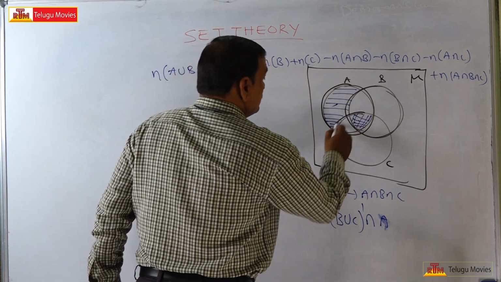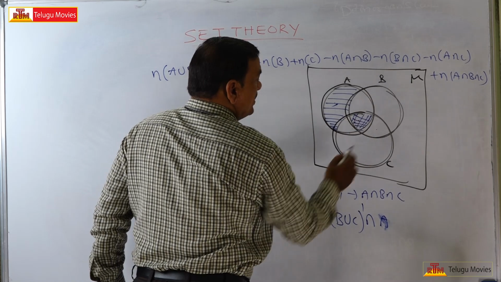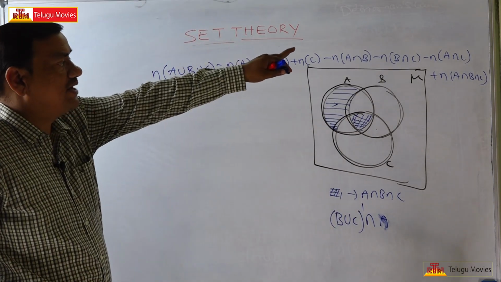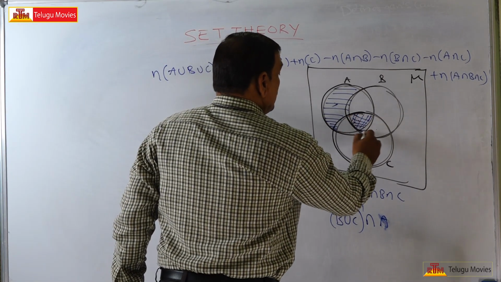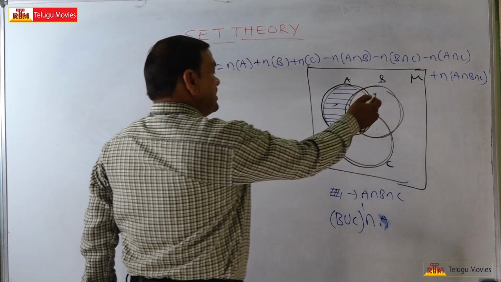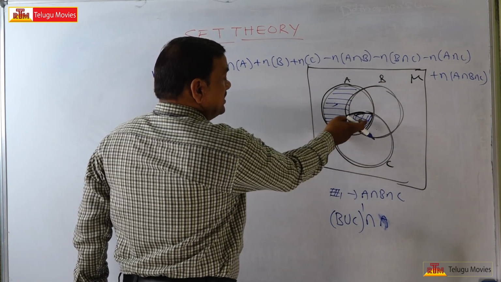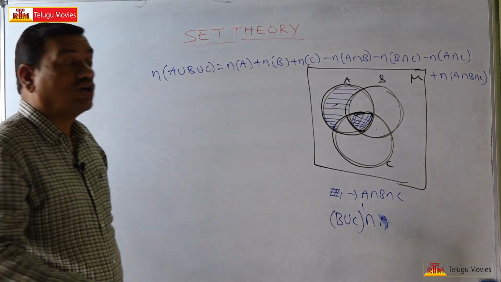Then n of C, so this is the part. So you are counting A intersection C and B intersection C two times. That's why one time you are subtracting. When you subtract A intersection B, you subtract this. When you subtract A intersection C, you subtract this part. That means all the times you are subtracting. But you have to count, no.